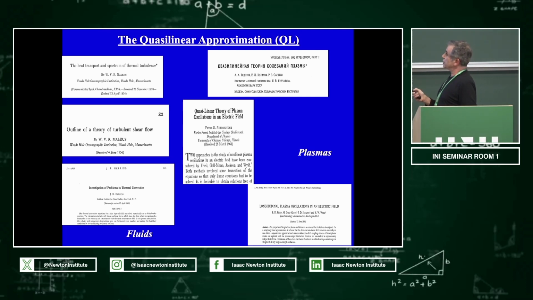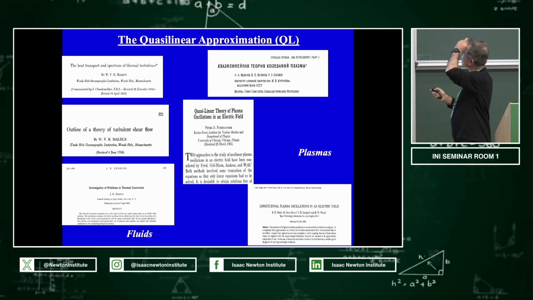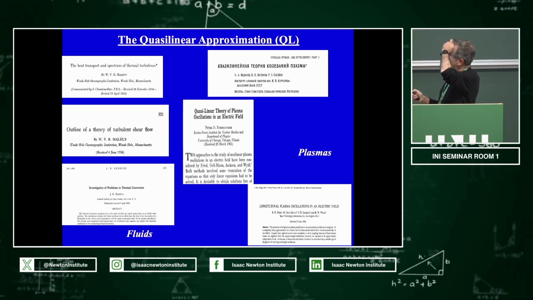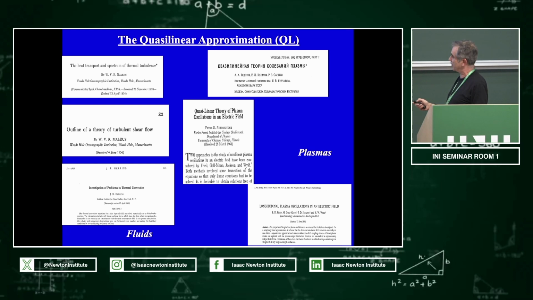And then later, in the 60s, Jack Herring looked at these problems in thermal convection using very similar techniques. In the plasma literature, it's often referred to as the earliest paper being this paper by Vedenov et al. You can see here it says quasilinear theory. I'm sure your Russian's good enough to see that. And actually, we did some digging around, and there's a slightly later paper, which is called Quasilinear Theory of Plasma Oscillations in an Electric Field.